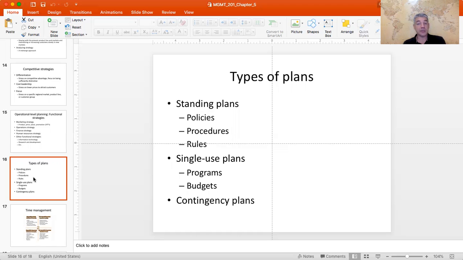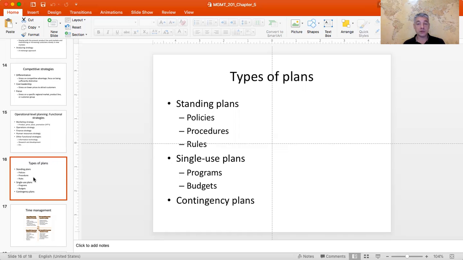So, for instance, in HR, there are standard procedures you have to go through whenever you look for a person to hire, whenever you invite people for interviews, you identify the best candidates, you make them an offer. There are all those different boxes to check that are spelled out very precisely in those policies, rules, and procedures that you have to follow.